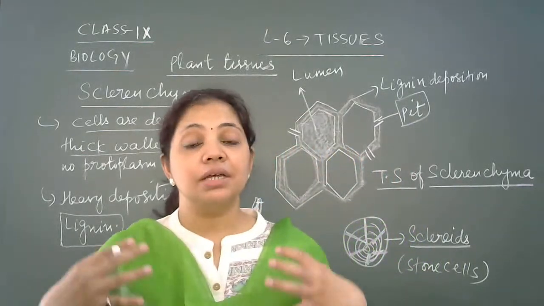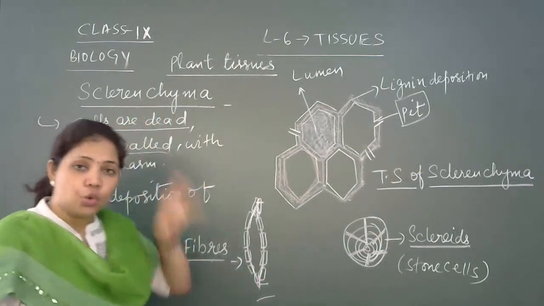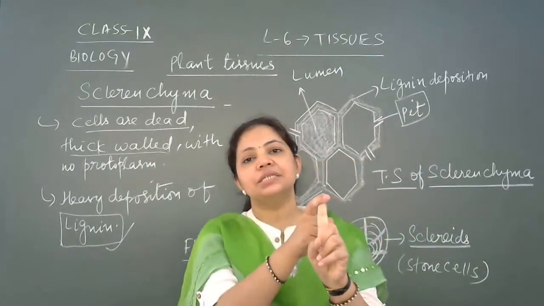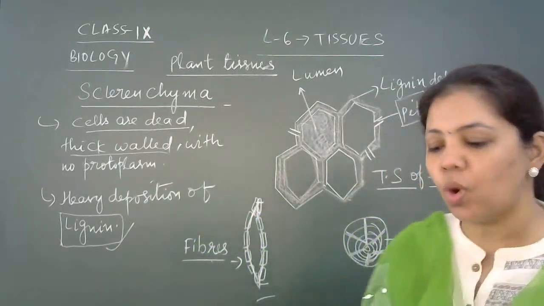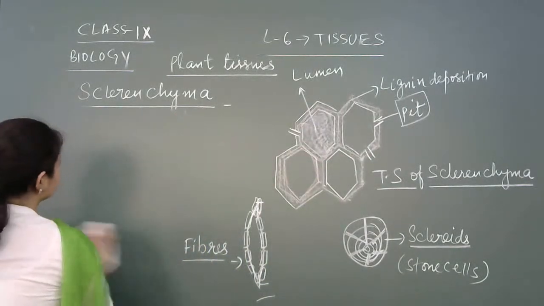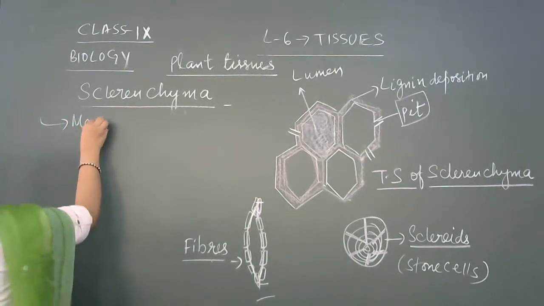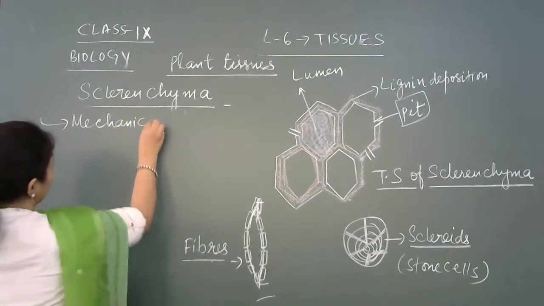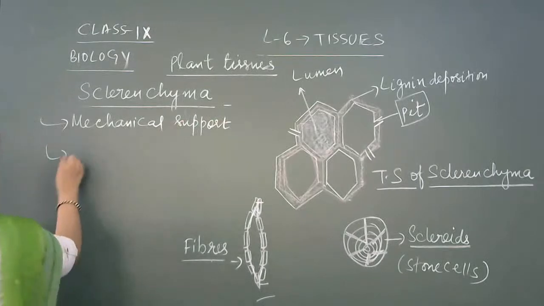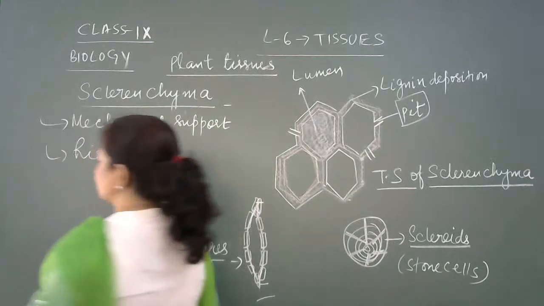Now that is its function, meaning what sclerenchyma is doing for the plant, right? So the first thing is that sclerenchyma provides mechanical support. The main important function of sclerenchyma is that it provides mechanical support. Then it also provides rigidity to plants.